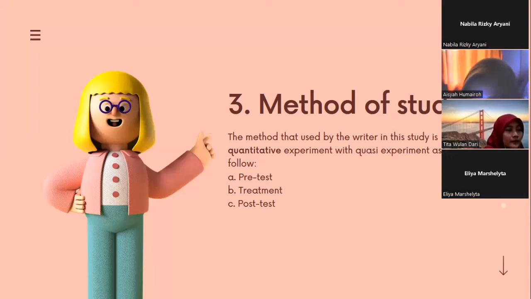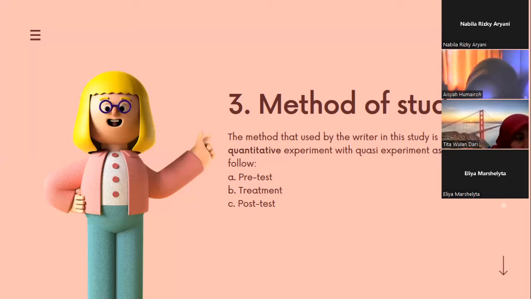Quantitative research is the process of collecting and analyzing numerical data. So in this research, it can be used to find patterns and evidence, make predictions, test causal relationships, and generalize results to a wider population. In quasi-experiment research, the writer used a pre-test, treatment, and post-test design.